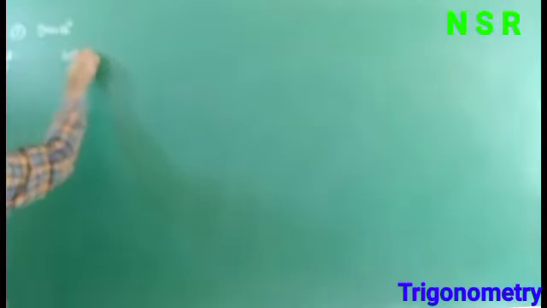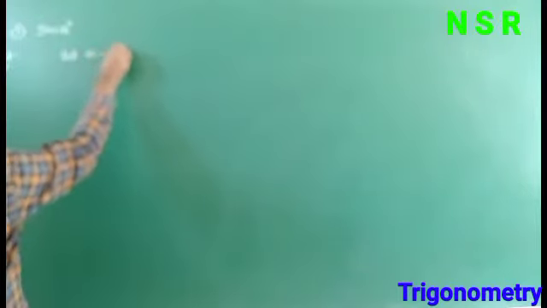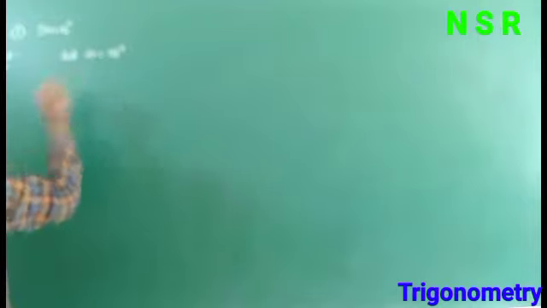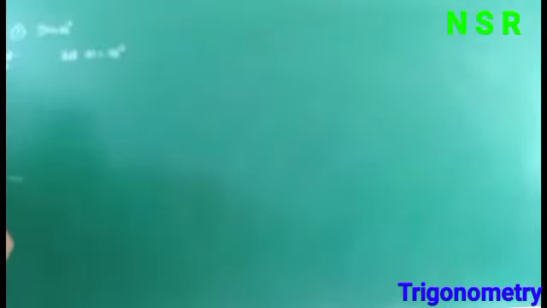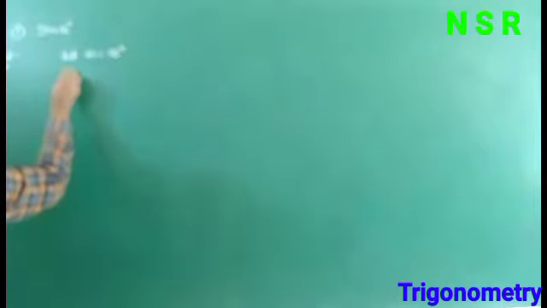Let A equal 18 degrees. Multiply both sides with 5. Why multiply with 5? Because 18 times 5 is 90, and we know sin(90 minus theta) and cos(90 minus theta). That's why we multiply both sides with 5.